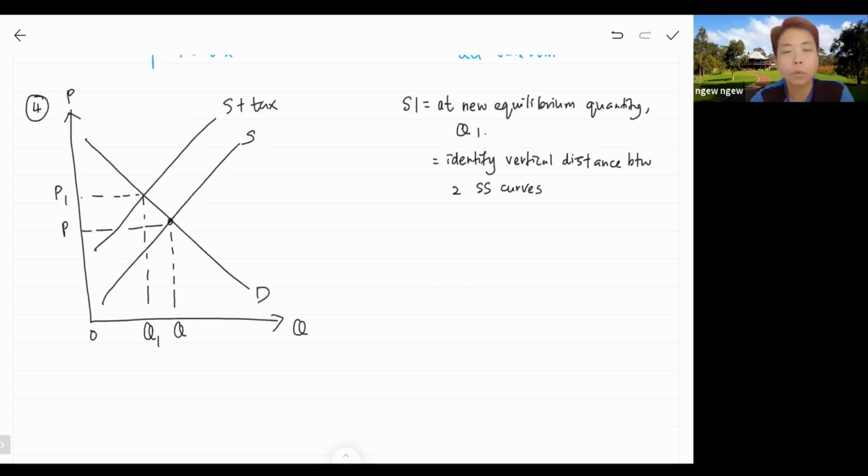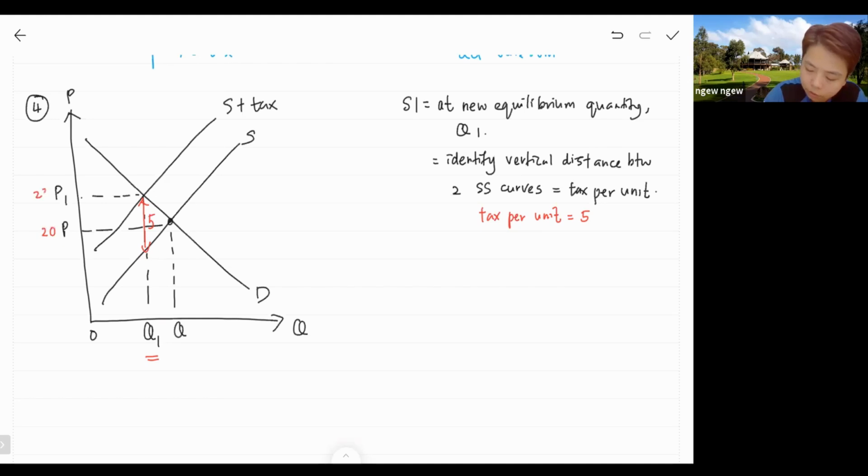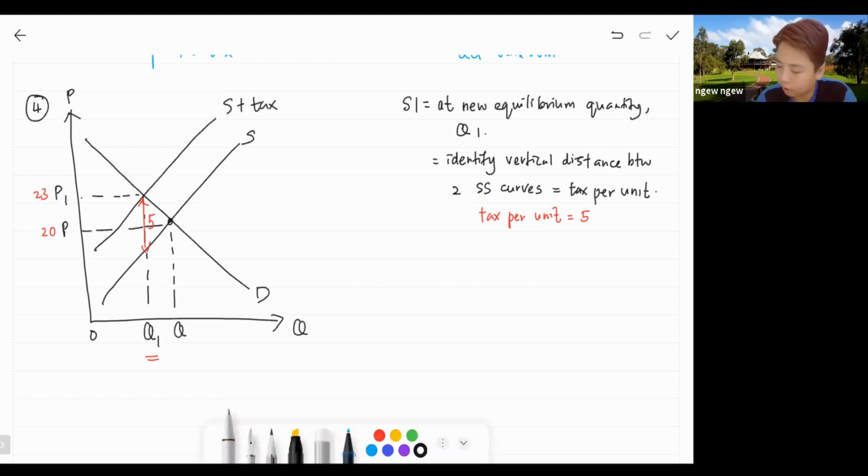We understand that the vertical distance between two supply curves is the tax per unit. So this is the new equilibrium quantity, and this is the vertical distance between the two supply curves. We assume that the tax per unit the government wants is, let's say, $5. So the vertical distance is 5. Let's say the original price is 20 and the new price is 23.